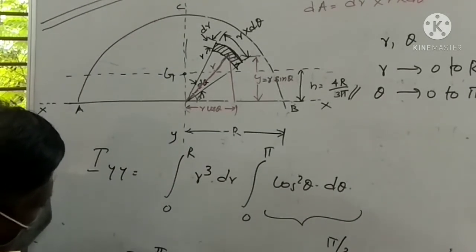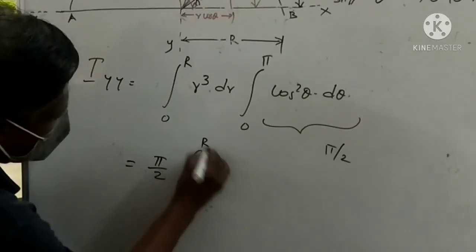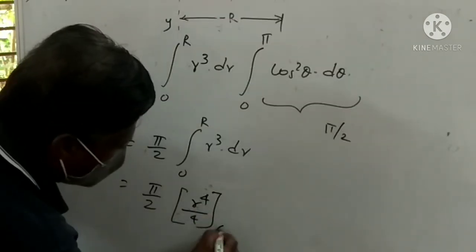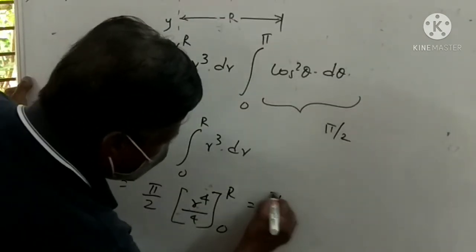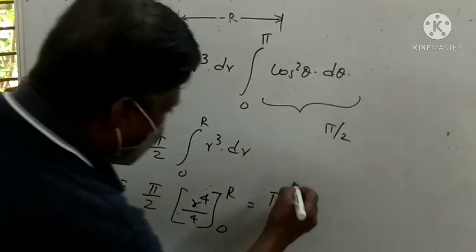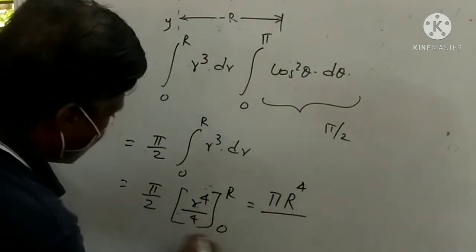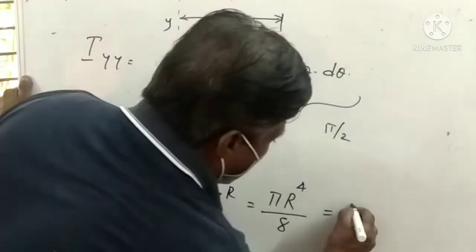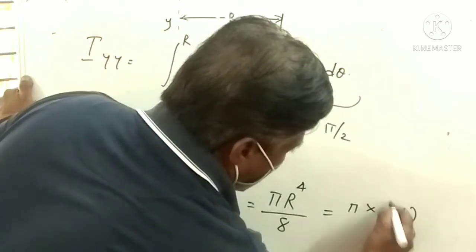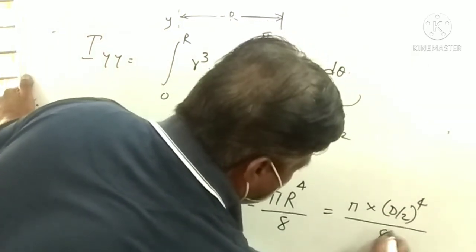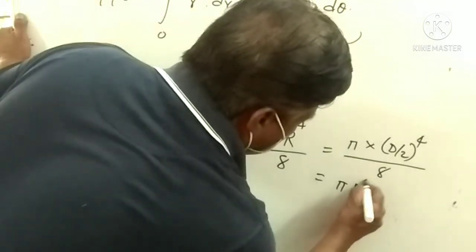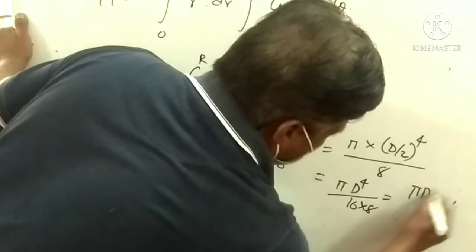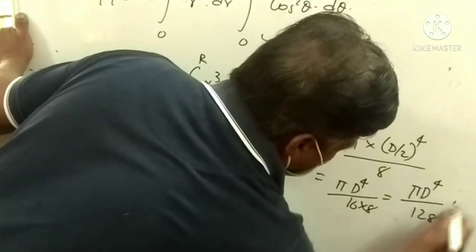Therefore, it is equal to pi by 2 into integral 0 to r of r cube dr, which is equal to r raised to 4 by 4, 0 to r, which is equal to pi r raised to 4 by 8, which is equal to pi into d by 2 raised to 4 divided by 8, which is equal to pi d raised to 4 divided by 16 into 8, which is equal to pi d raised to 4 divided by 128.